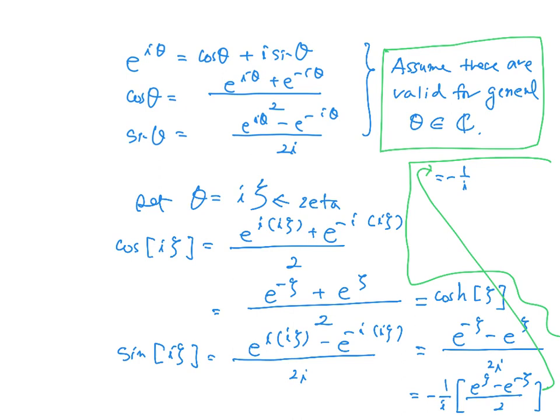And what is exponential zeta minus exponential minus zeta over 2? Sine hyperbolic zeta.